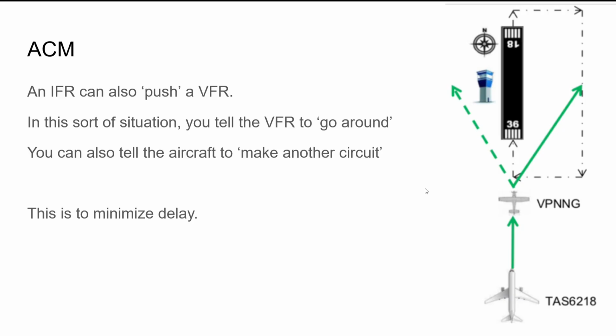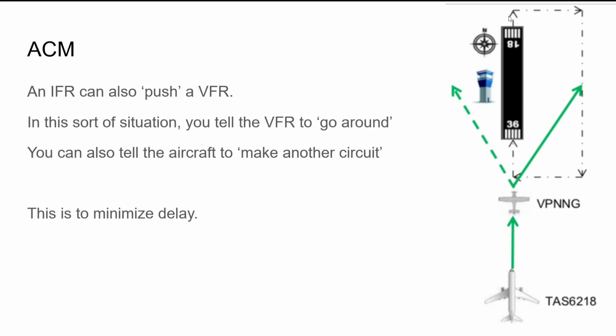Now the next important thing is VFR pushing a VFR, in the sense of a light, slow VFR traffic is flying final, and you have an IFR aircraft behind. You tell Victor Papa November November Golf, go around, or you can say Victor Papa November November Golf, make another circuit.